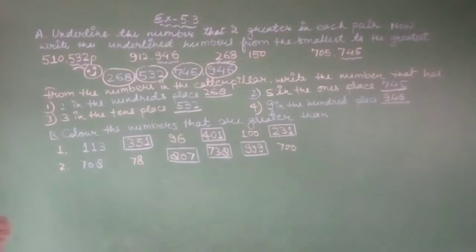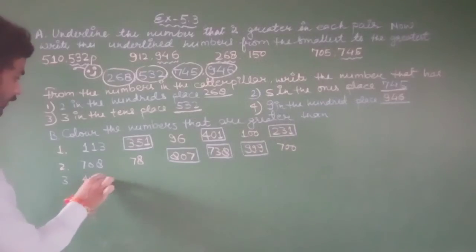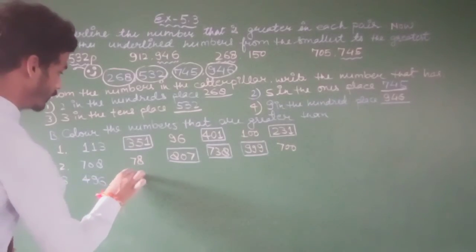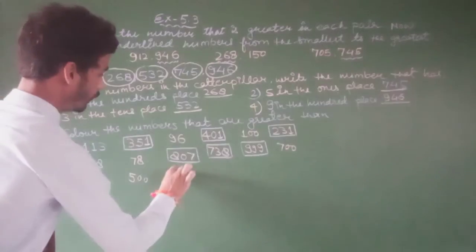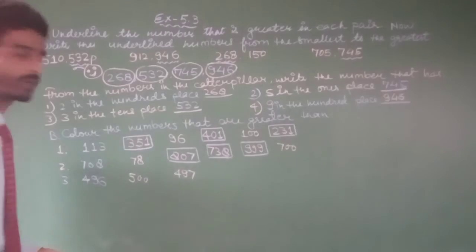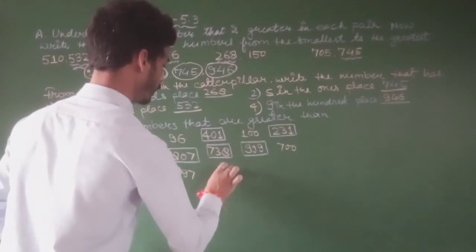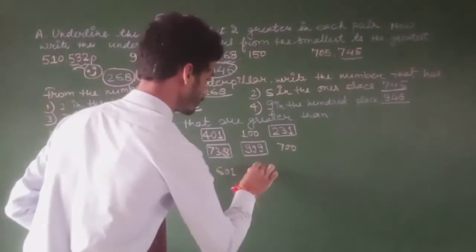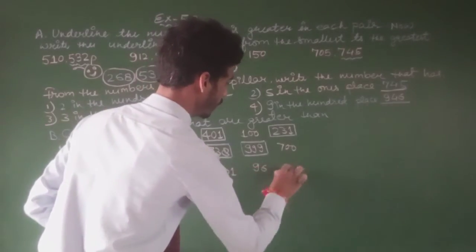Question number third is 496. The numbers are 500, 497, 601, 96 and 486.